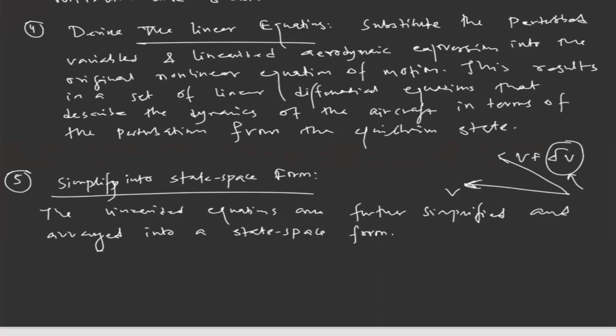How can we come up with the state space form? Those parts I have already explained. For the pendulum system, we assumed it is a second order system, and how we can come up with the two ODE, ordinary differential equation form. We also wrote that system into state space form.